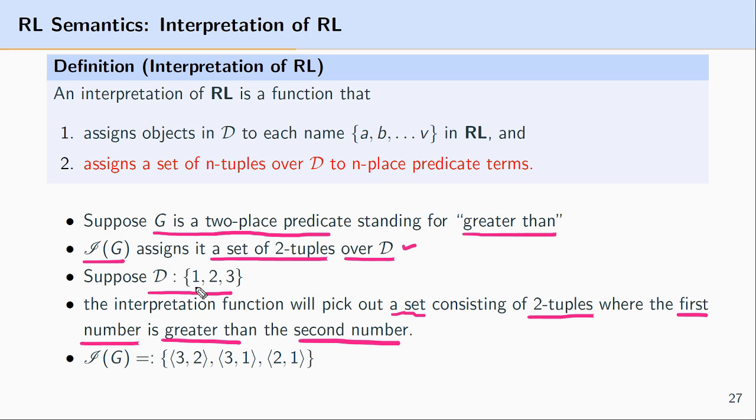And so if we look through this 1, 2, 3, we're going to say that the interpretation of G is going to pick out ordered pairs or two-tuples where the first item is greater than the second item. And so we see that 3 is greater than 2, 3 is greater than 1, and 2 is greater than 1. So it's going through this domain, going through each one of the objects in the domain, and it selects a pair of things where the first item is greater than the second one.